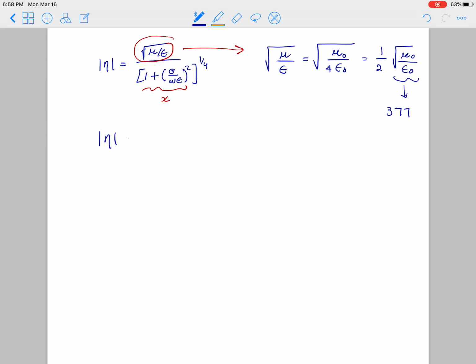Therefore the magnitude of eta is 377 divided by 2x, which is 188.1 ohms.